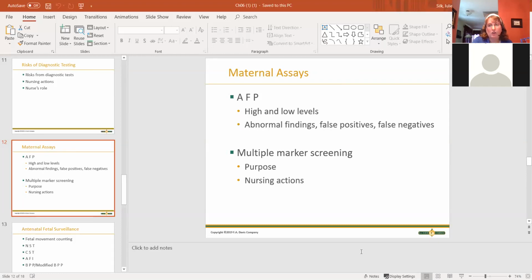If you have a low level of alpha-fetoprotein, this is associated with trisomy 21 or Down syndrome. Obviously, if you have abnormal readings on any of this, you would do further testing, because this is just a blood test, so you would want more diagnostic testing to see what's what.